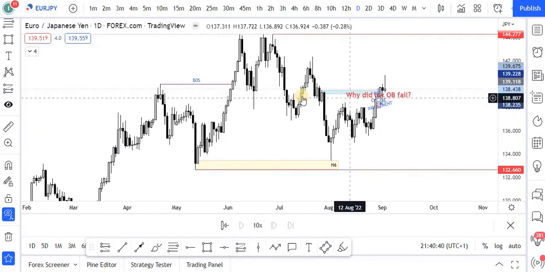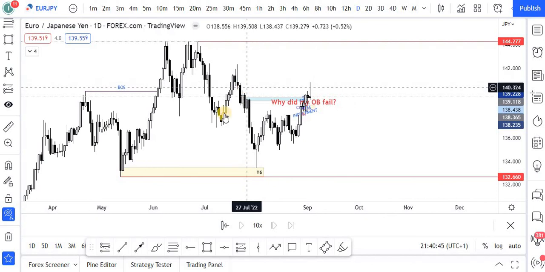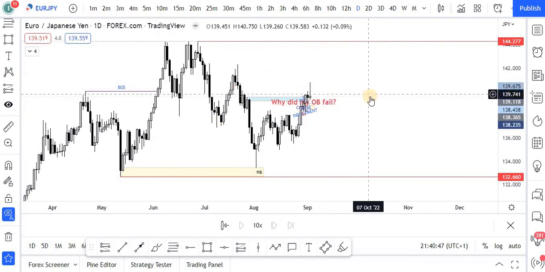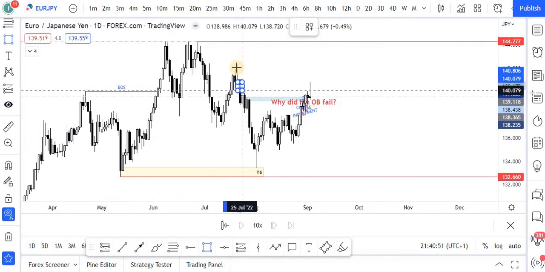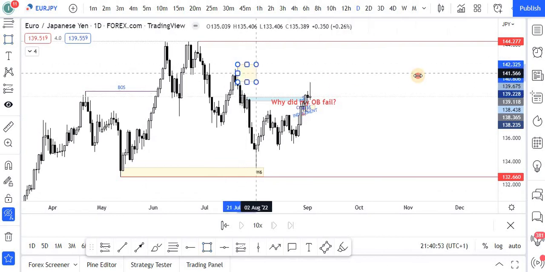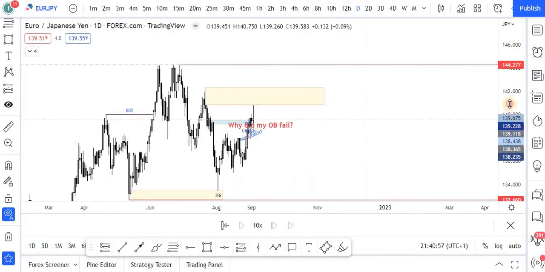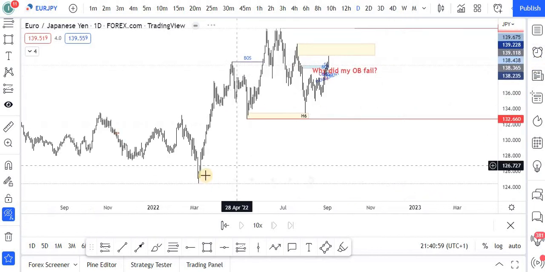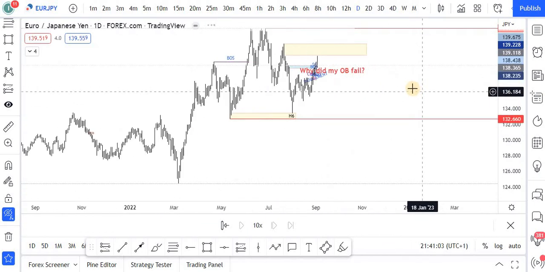But we are still looking at zones like this, to see if the market is going to reverse or not. Predominantly, like I said, we are in an uptrend in the daily with this bullish break of structure.